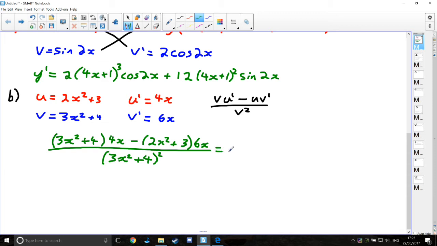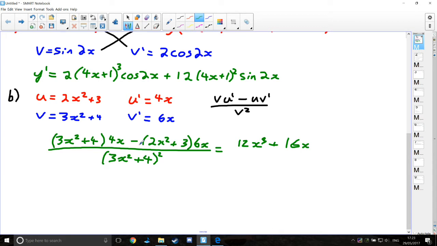Okay, so let's open up these top brackets, because then we can simplify it down to just p x. We'll find p in the process. So first off, we end up with that 12x cubed, and that's going to disappear in a moment, plus 16x.